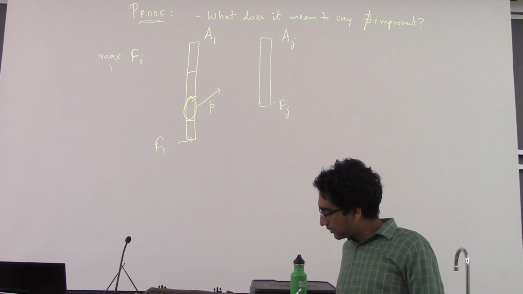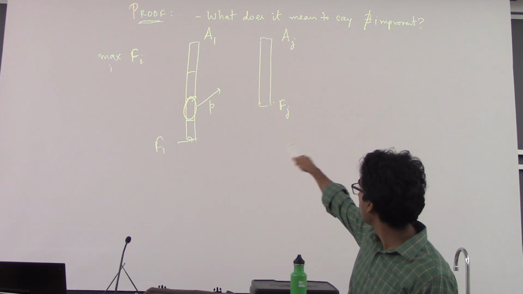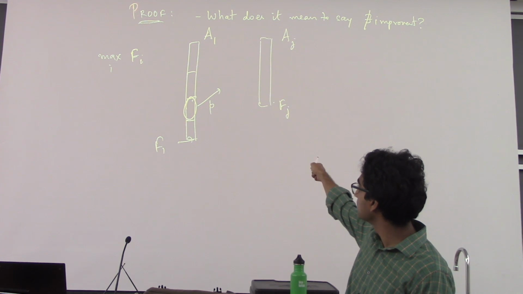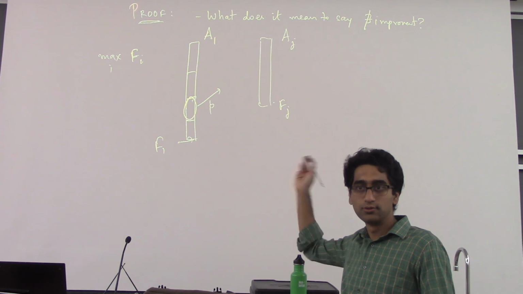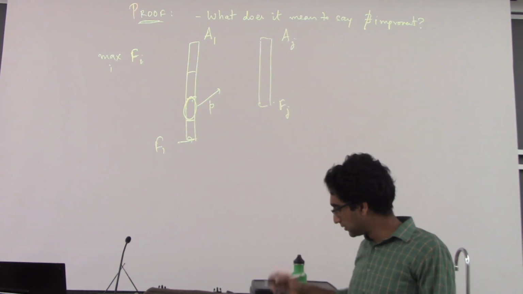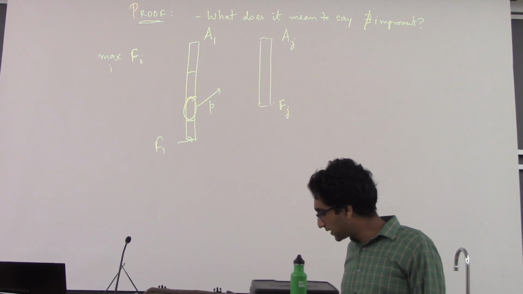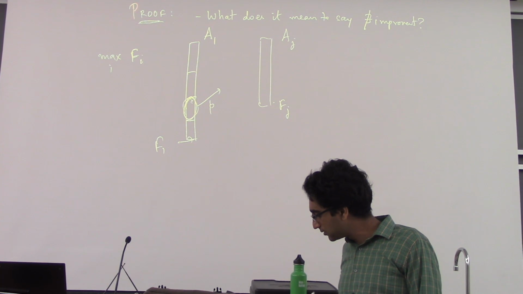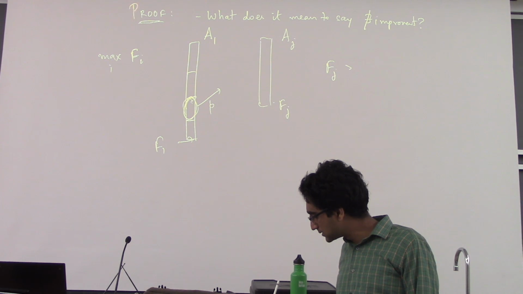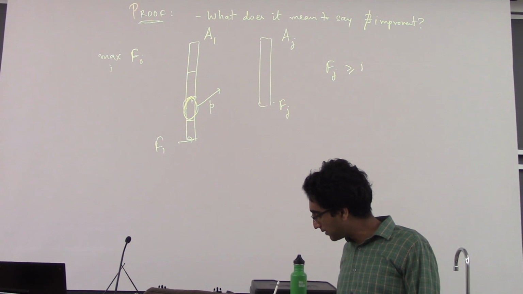If Fj was strictly smaller than F1 minus P, then moving this job here would actually help you. So if we can't move a job of size P here, then we have this guarantee that Fj is bigger than or equal to F1 minus P.